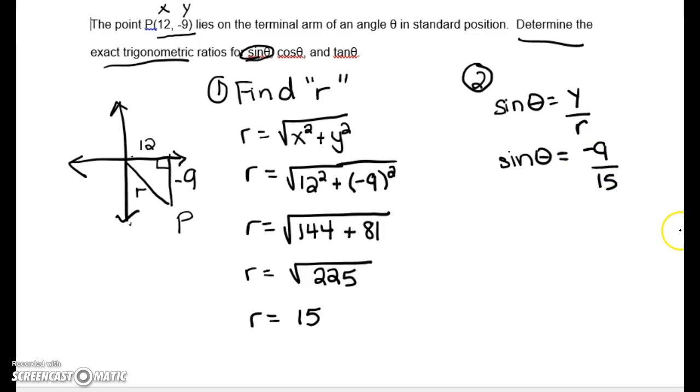Now one thing that's really important here is that our question wants the exact trigonometric ratios. So we're not going to turn this into a decimal form, but one thing that we can do is reduce this fraction. What you'll notice is that we have 9 and 15, and those are both multiples of 3, which means we can reduce by a factor of 3.